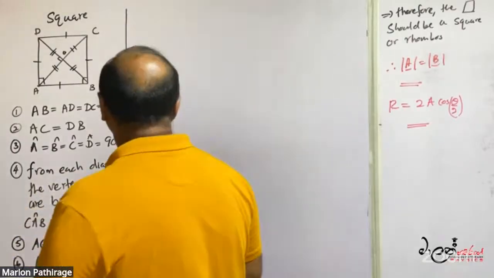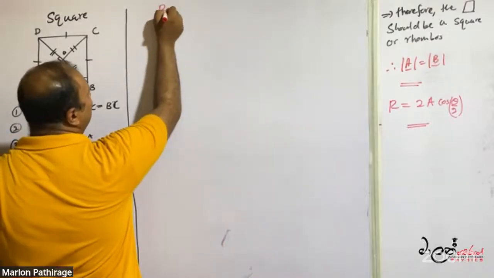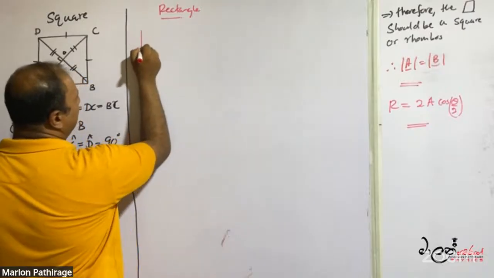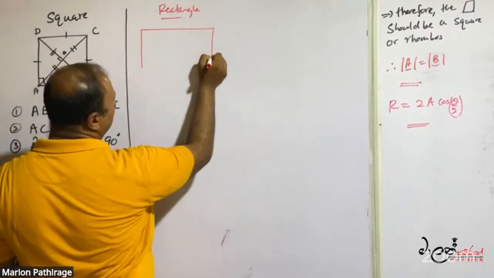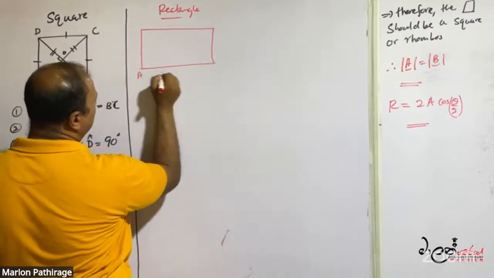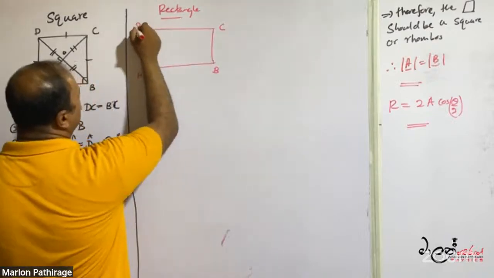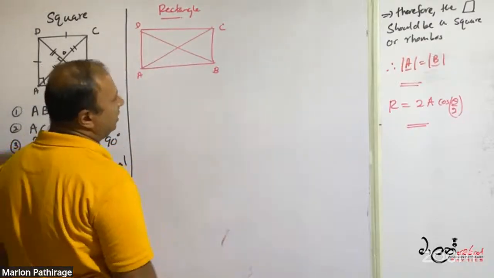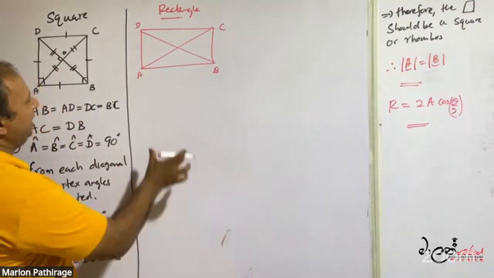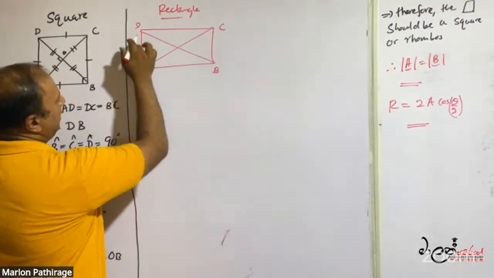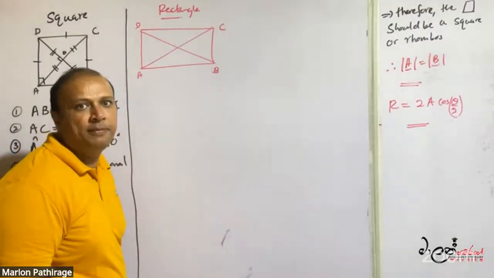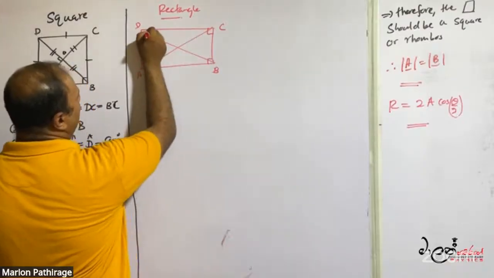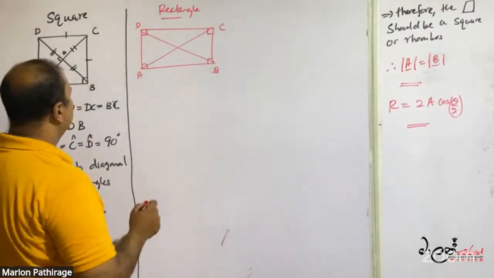Then the second thing, rectangle. In a rectangle, AB and AD are perpendicular to each other, so every angle is 90.